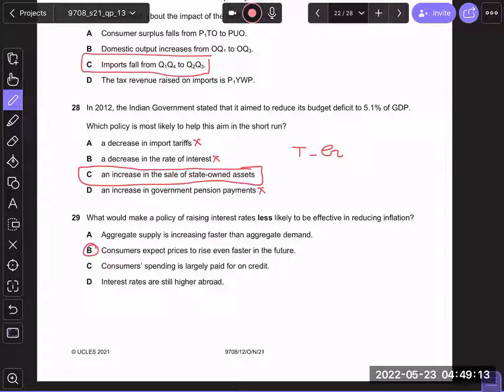Why won't it be D? The interest rates are still higher abroad.